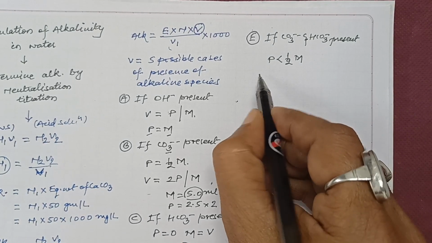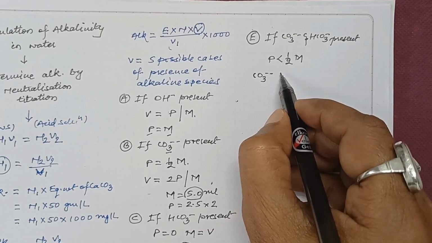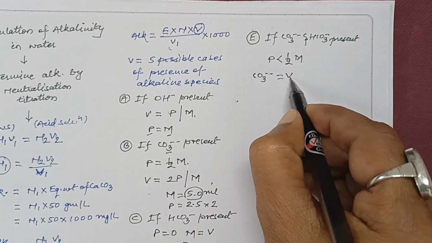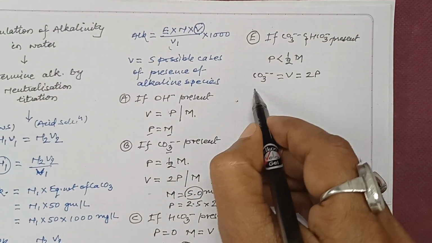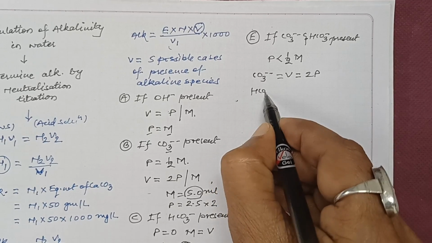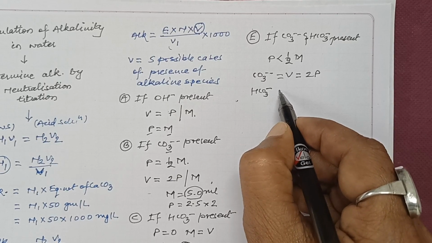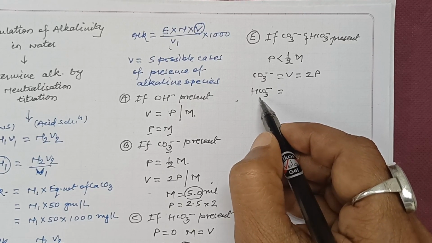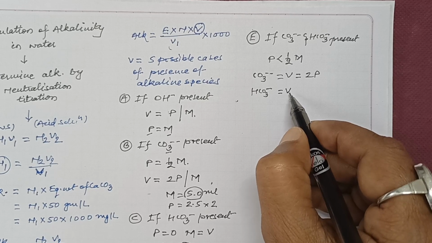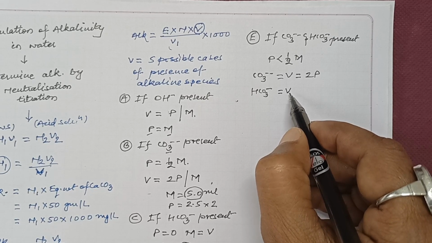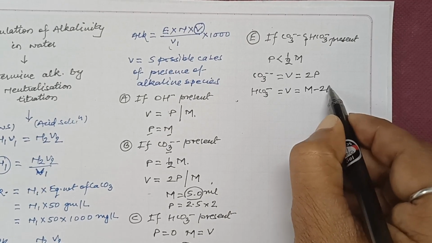For calculating carbonate ion, V should be taken equal to 2P, and the volume of acid consumed by the bicarbonate ion, the acid coming from the burette, is equal to M minus 2P.